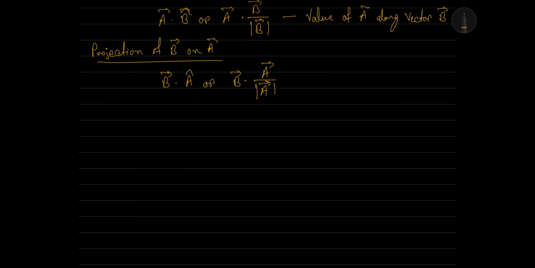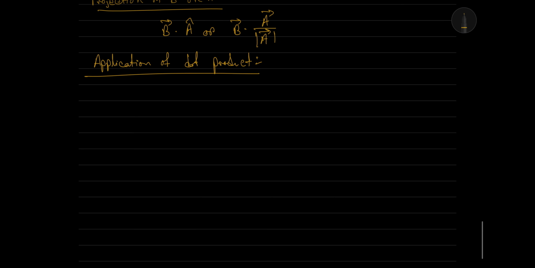So let's talk about the application of dot product. Application of dot product in calculation of work done, which is W equal to F dot d.